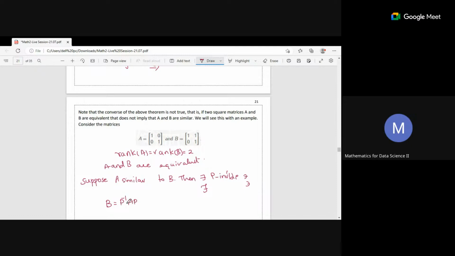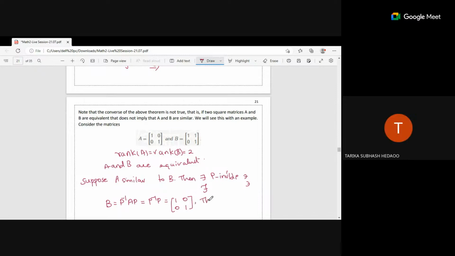Okay. So now what is your A here? It is actually the identity matrix, right? So identity matrix commutes with any matrix, so you can write P inverse P itself, because A is the identity matrix, multiplication is just the same, and P inverse P is again the identity matrix, 1 0 0 1. But is it possible that B is equal to the identity matrix?